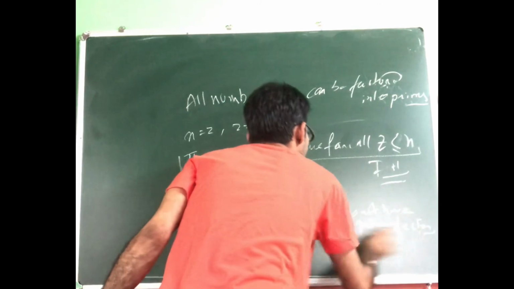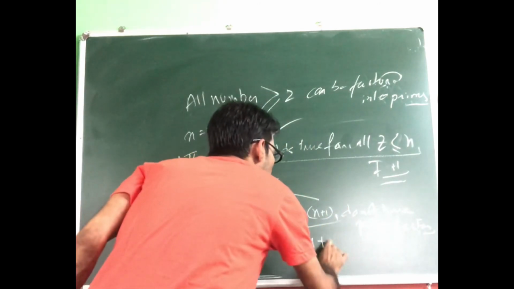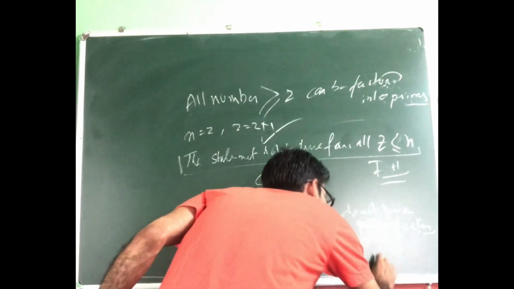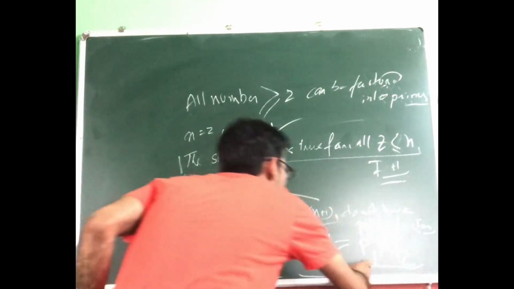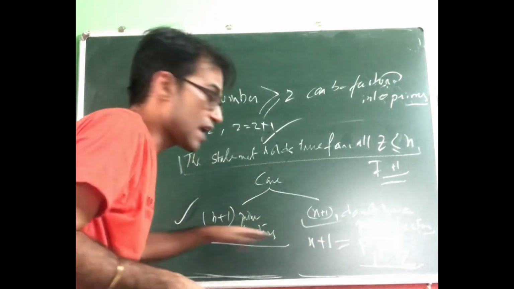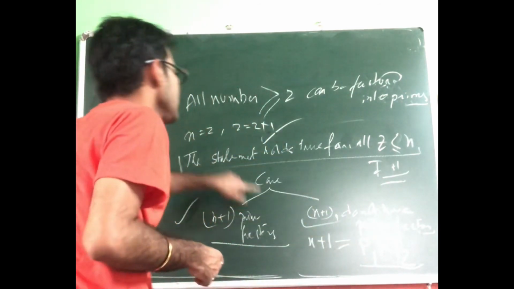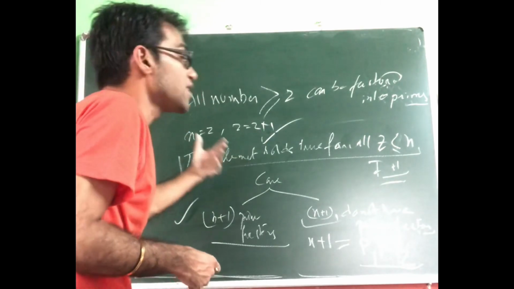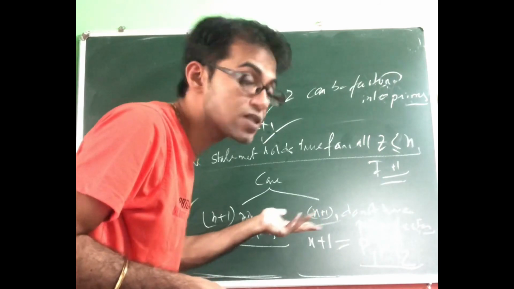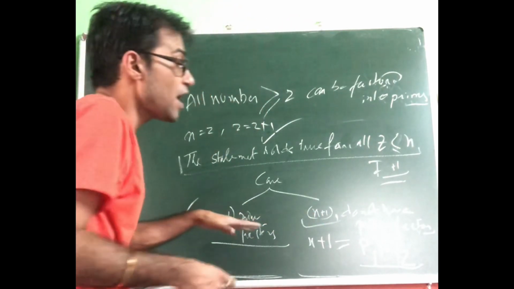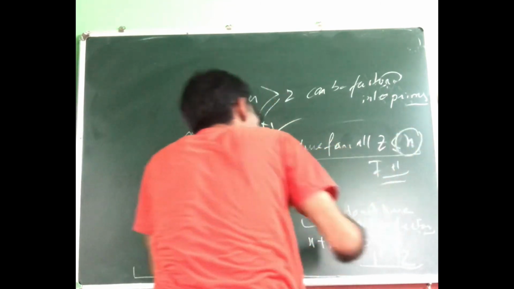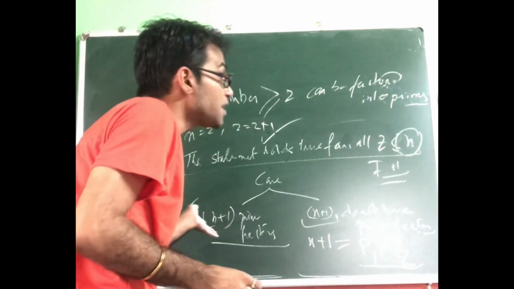If n plus 1 does not have prime factors, that means I can break down this n plus 1 into two different factors, p1 and p2, and definitely p1 and p2 are less than n plus 1. Because I use strong induction, I assume that the statement holds true for all the elements less than or equal to n, and quite naturally p1 and p2 are less than or equal to this n value.